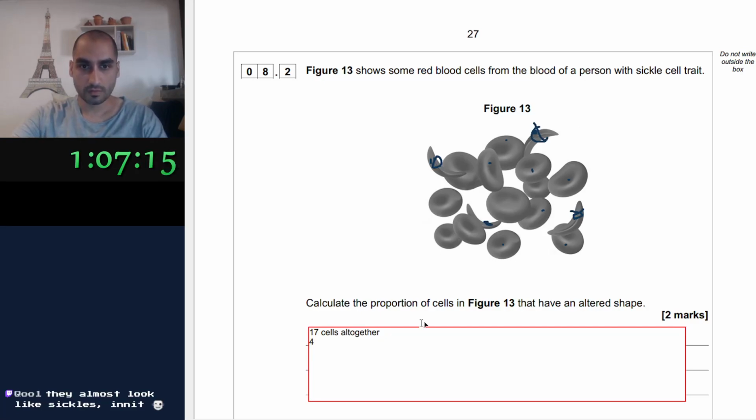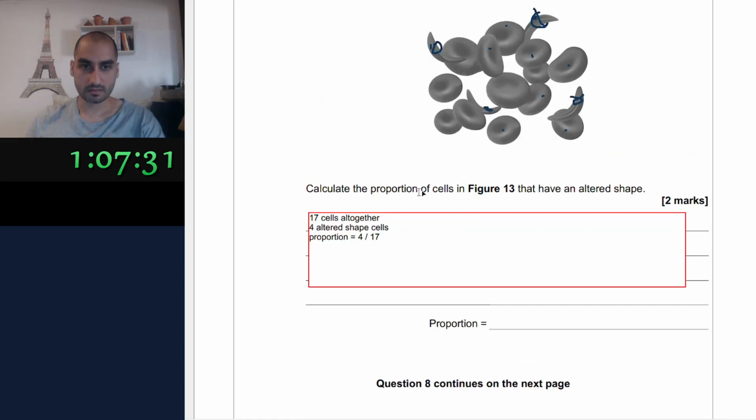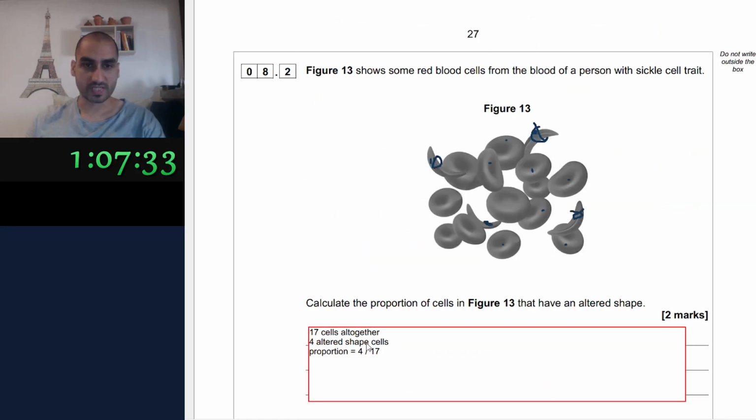Four altered shape cells. So proportion equals 4 out of 17. Do they want it as a fraction? Percentage, maybe. 23.5%.